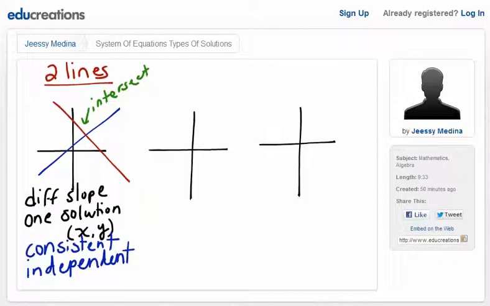Now what can happen over here is that you can have a system like this. That's the first line, and then you can have the other line, and they're supposed to be on top of each other. So basically both lines are the same.